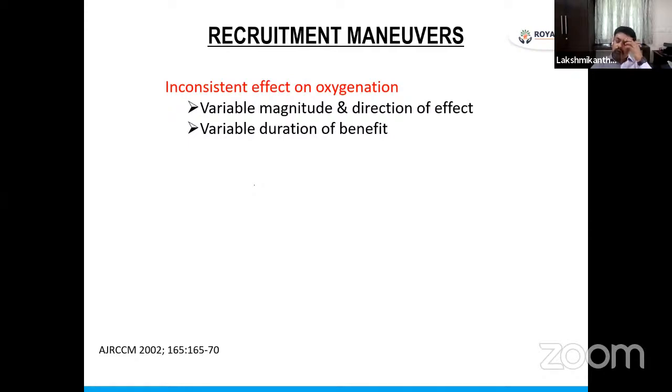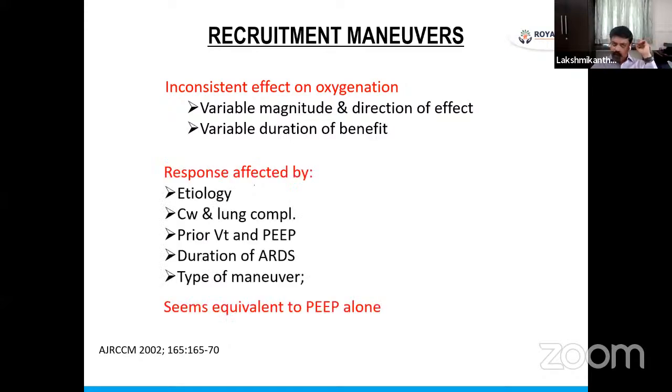But what is found is there was an inconsistent effect on oxygenation. It was variable depending on the magnitude and direction of effect, and the duration of benefit also was very, very variable. It was only very transient. And the response was affected by etiology, lung compliance, prior tidal volume and PEEP, duration of ARDS, and the type of maneuver that you use.